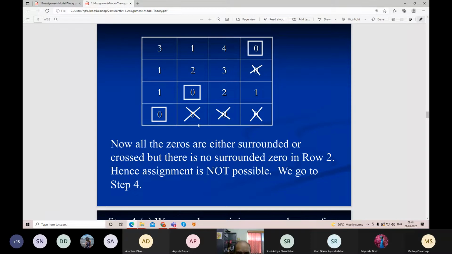Second column, there is an assignment. Third column, there is no assignment. And fourth column, there is an assignment. But since the third column has no assignment and the second row has no assignment, this is not a complete solution. We go to step 4.